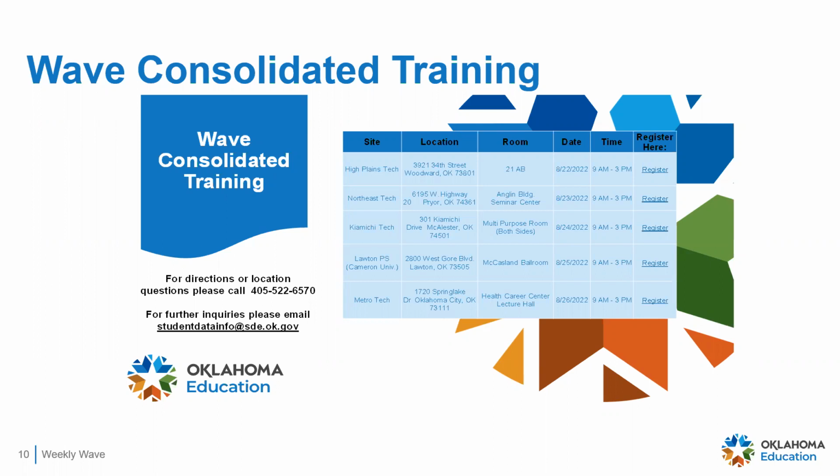On the 24th, we're going to be in McAllister. Unfortunately, we are at capacity there, but we are working on a way that we might be able to Zoom that meeting. We will send out notification through our GovDelivery to let you know how to do that since that location is sold out. We will be in Lawton on the 25th and in Oklahoma City on the 26th.